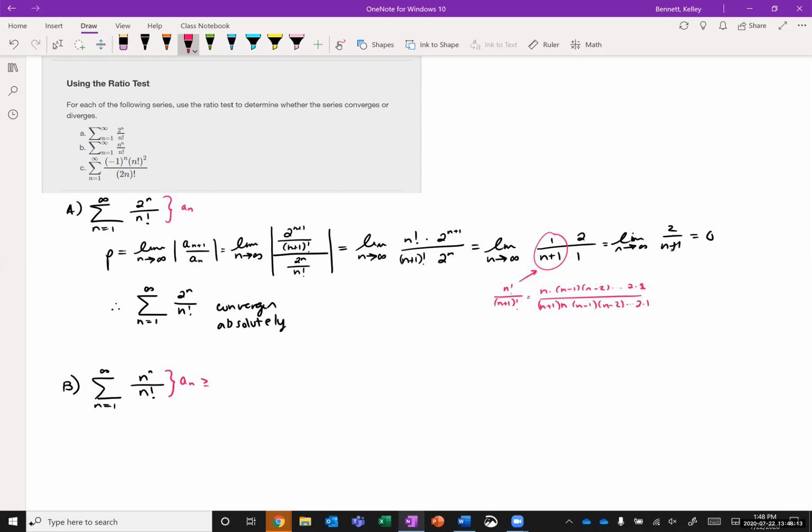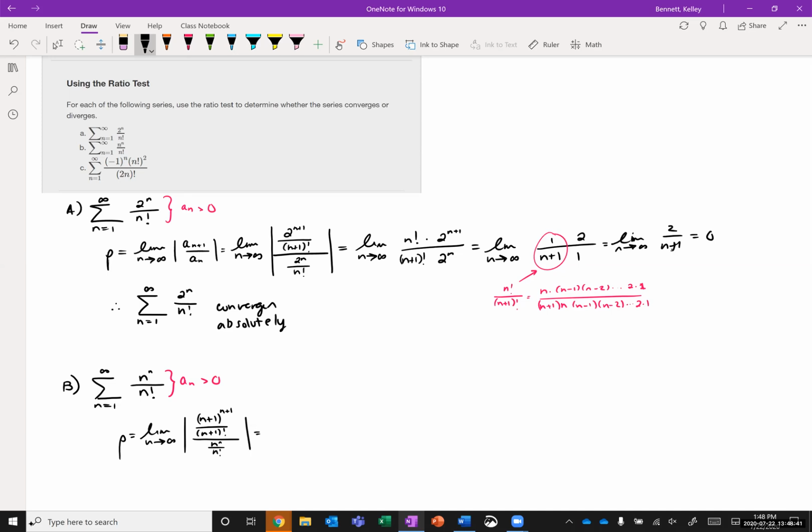And we also know that our a's are bigger than 0. So I just want to compute rho. It's the limit as n goes to infinity of a sub n plus 1 over a sub n. So I get n plus 1 to the n plus 1 over n plus 1 factorial over n to the n over n factorial.